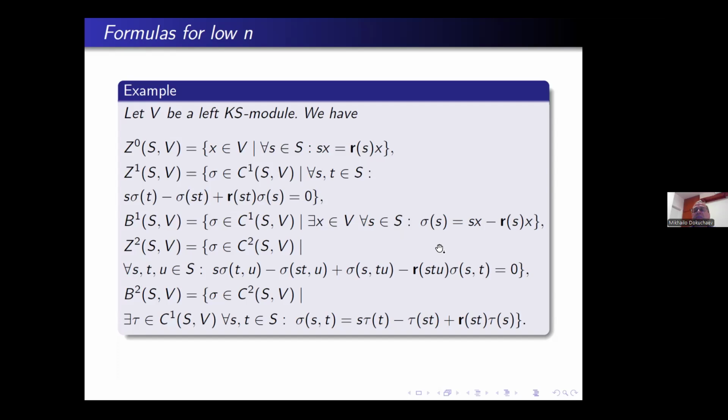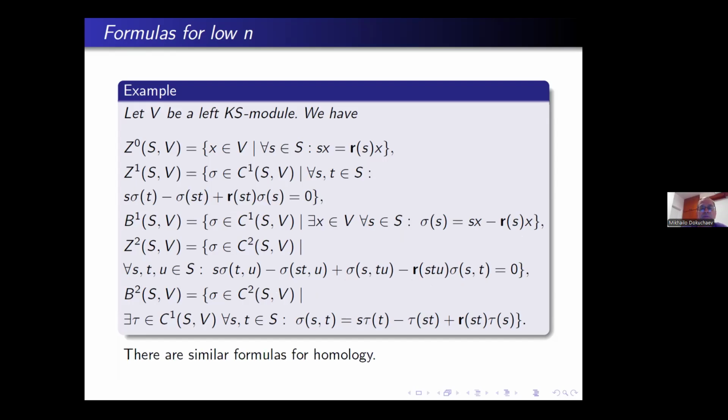In the one boundaries, again, you have this idempotent, and in two cocycles, again, appears this idempotent, and so on. And two boundaries again. So these are familiar formulas, but with the appropriate idempotents incorporated in them.